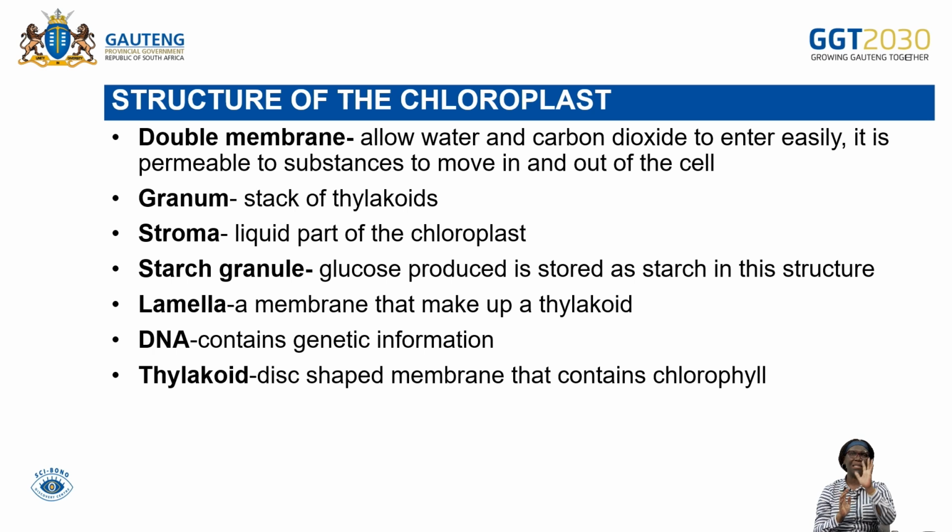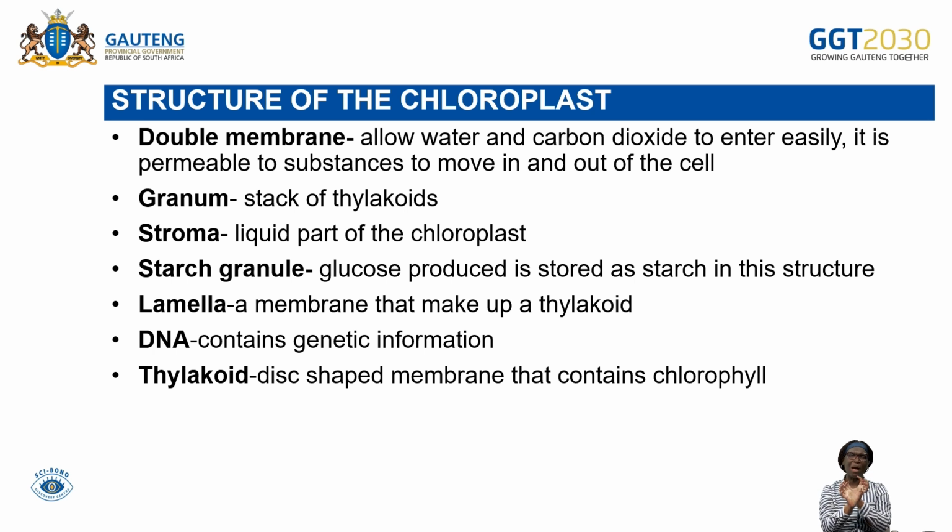Structure of the chloroplast: the double membrane allows water and carbon dioxide to enter easily. It is a permeable membrane, meaning it permits substances to move in and out of the cell. There are stack-like structures.